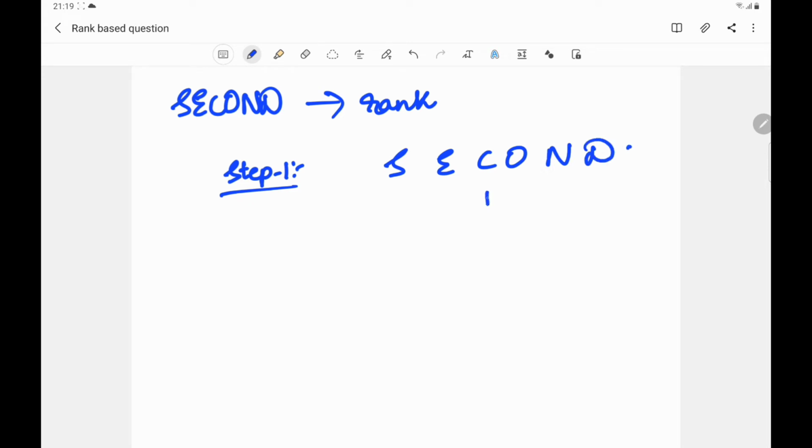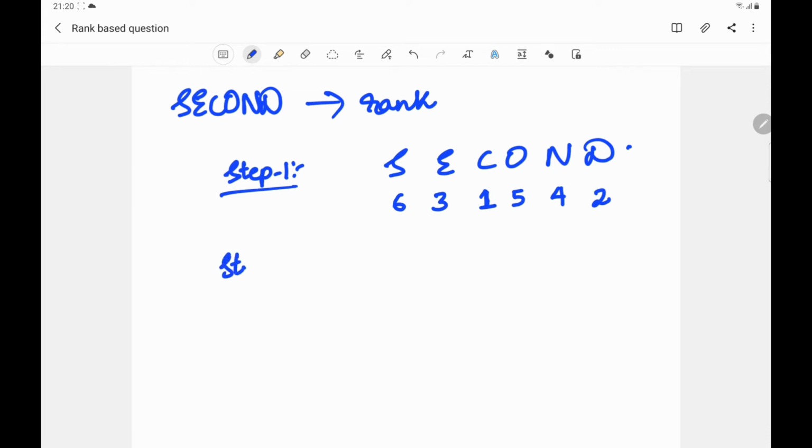Here C is the first letter that will be appearing alphabetically if we go from A to Z, and then D is the second letter, E is the third letter, this N is the fourth letter, O is the fifth letter, and S is the sixth letter.